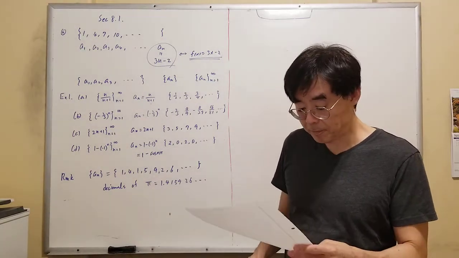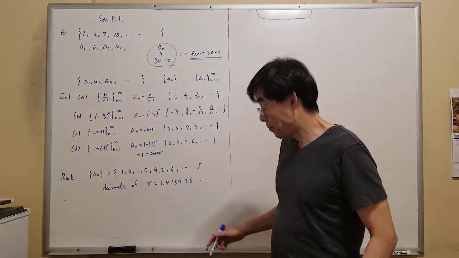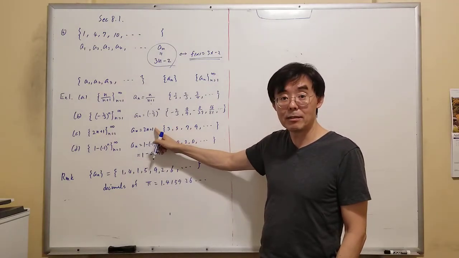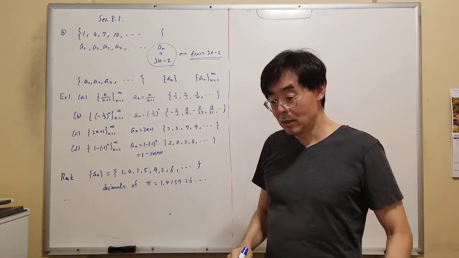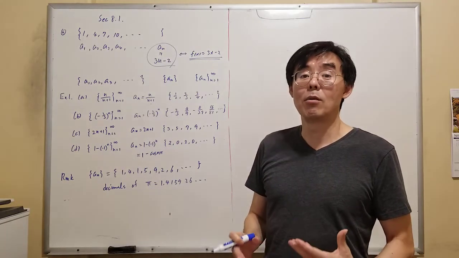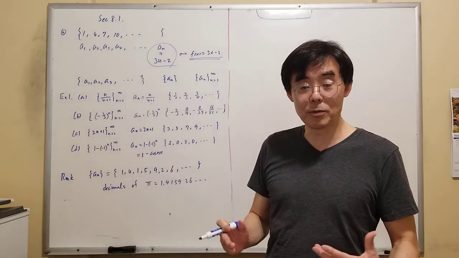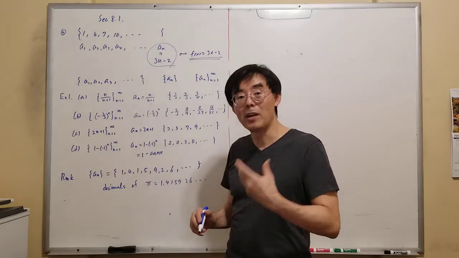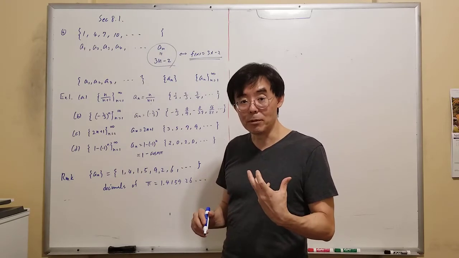Okay? So, you may not have some explicit formula for A, but of course, all the sequences we are dealing with here, the interesting ones in homework problems or quizzes or exams, all of them have some formula, or at least a recursive formula.